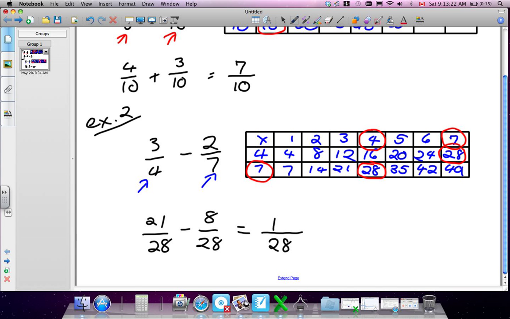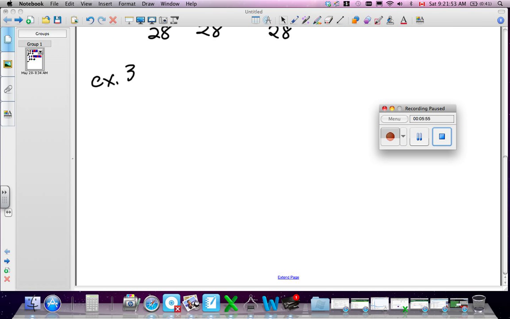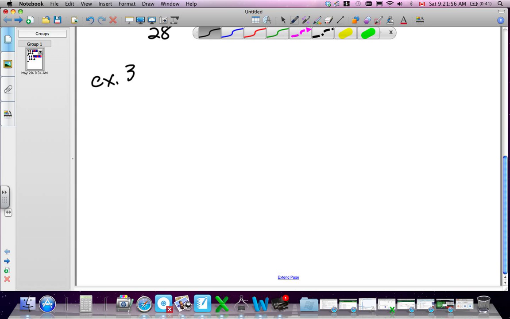Okay, third example we're going to do deals with mixed fractions, adding and subtracting. Now, your teachers might teach you to line them up. Let's say we have an example like 2 and 5 over 6 added to 4 and 4 over 6.